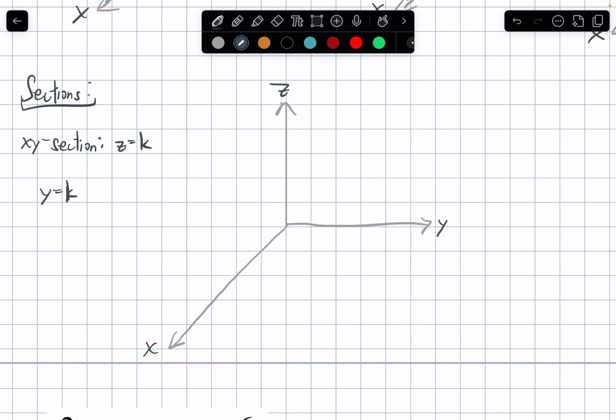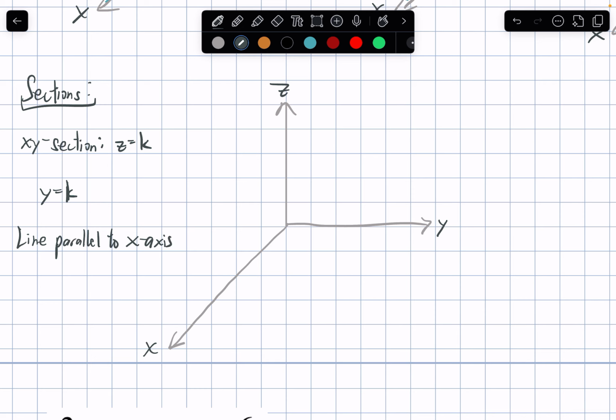Okay, so how do you describe the line? We've been talking about y, right? The line is parallel to what axis? We've been talking about y. What's the letter that's not mentioned? x, right?